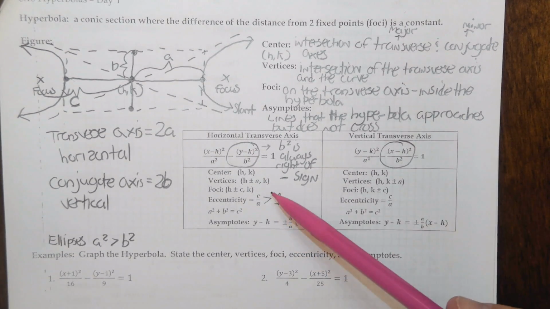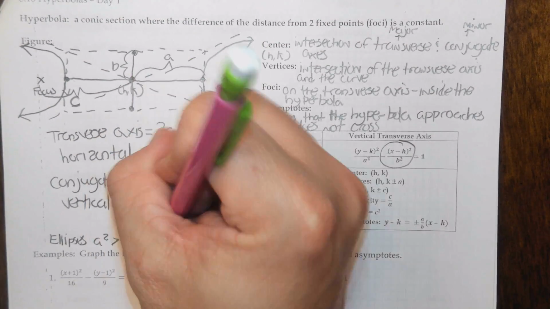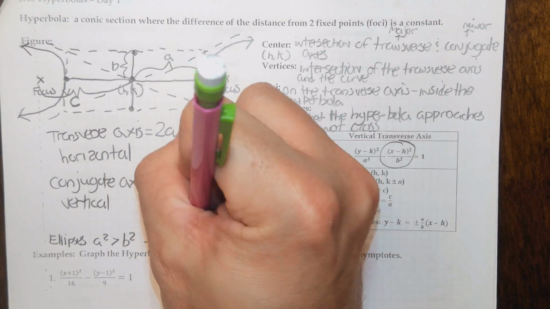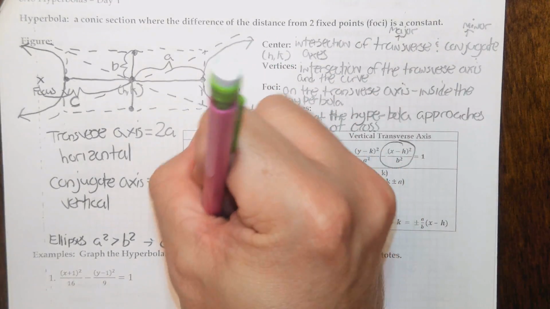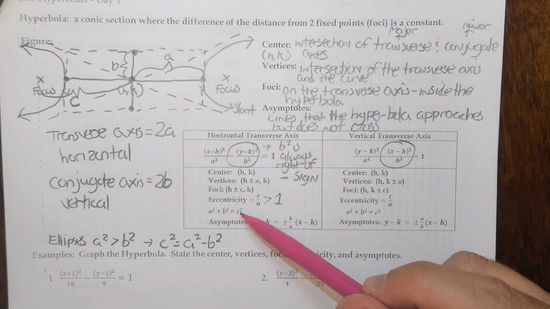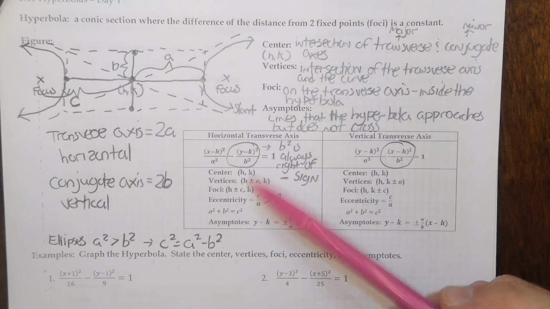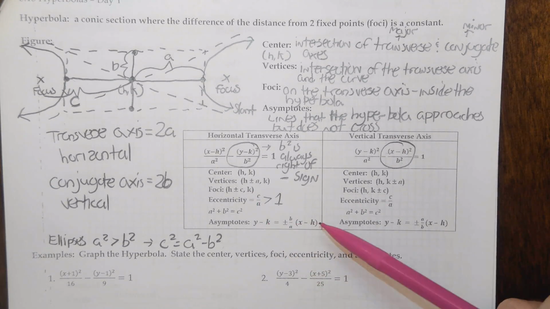Now look at our new formula to find c. With ellipses it was c squared equals a squared minus b squared. For hyperbolas, though, it's c squared equals a squared plus b squared. Here is our formula for the asymptotes.